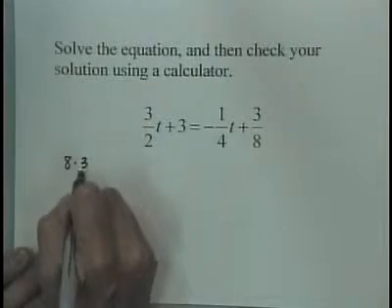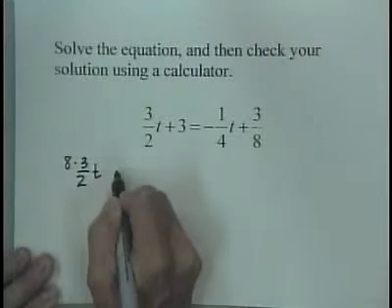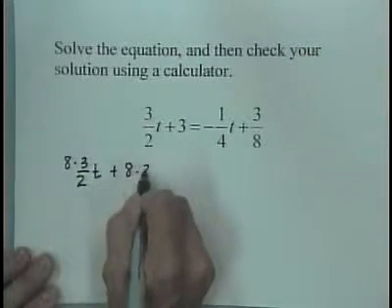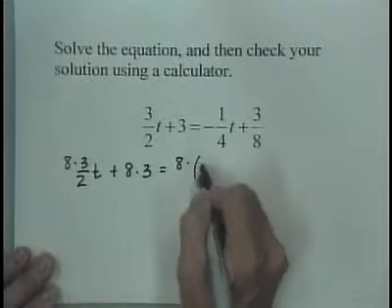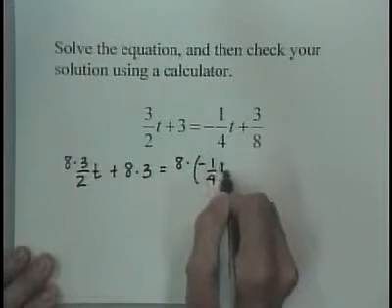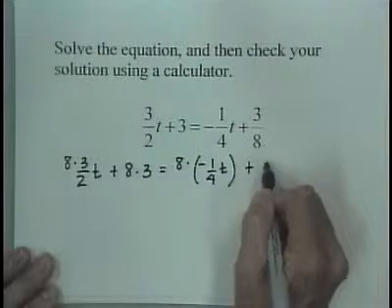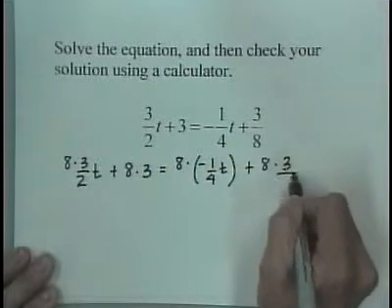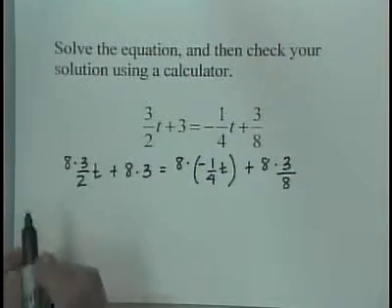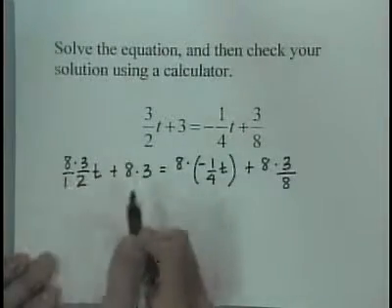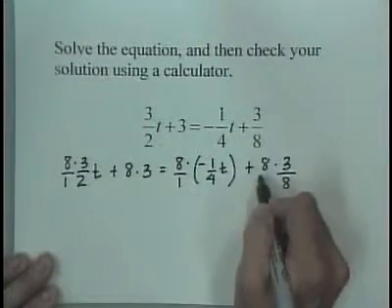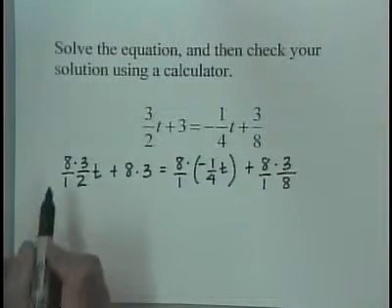I'll take 8 times 3 over 2t plus 8 times 3 equals 8 times negative 1 over 4t plus 8 times 3 over 8. Now this 8 that I'm multiplying by the pieces that are fractions, I'm going to consider 8 over 1.